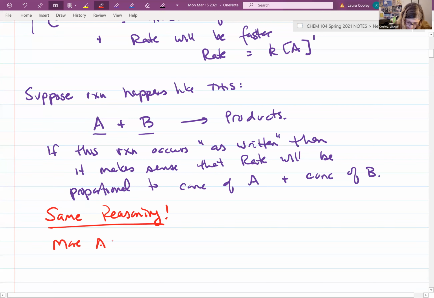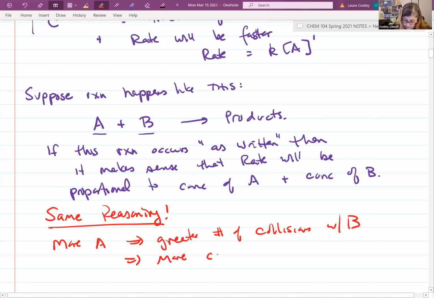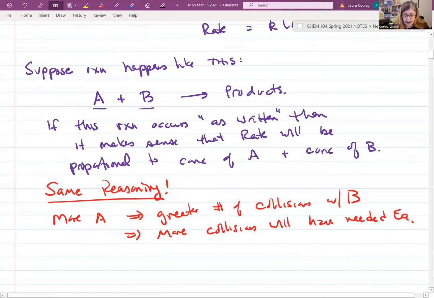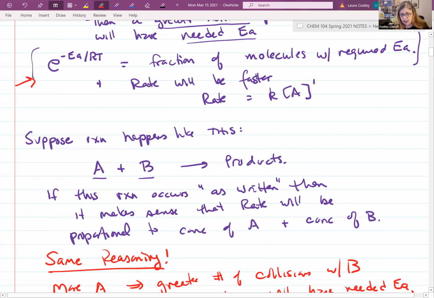More A means a greater number of collisions with B. Also, more collisions will have the needed EA. Not because the activation energy has changed, but just because you're multiplying that fraction, that's what this is, by a larger number.